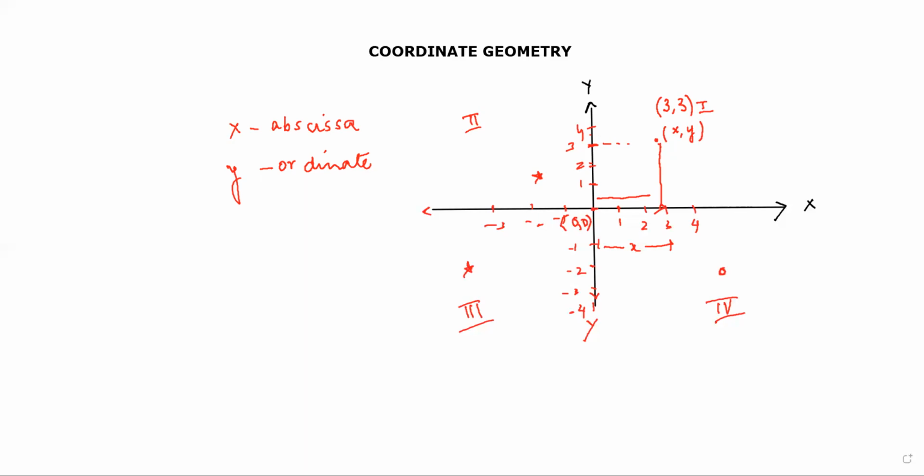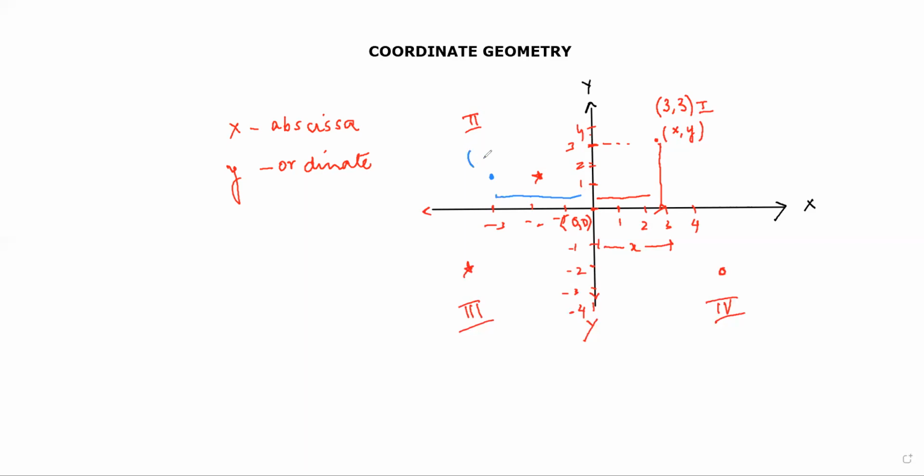Now, let me make another point somewhere. Let me make a point here and ask you what are the coordinates of this point. I'm sure you can tell that this is the second quadrant, but give me the coordinates. You will say, let me find out how far it is on the x-axis. I will see it is -3 away.